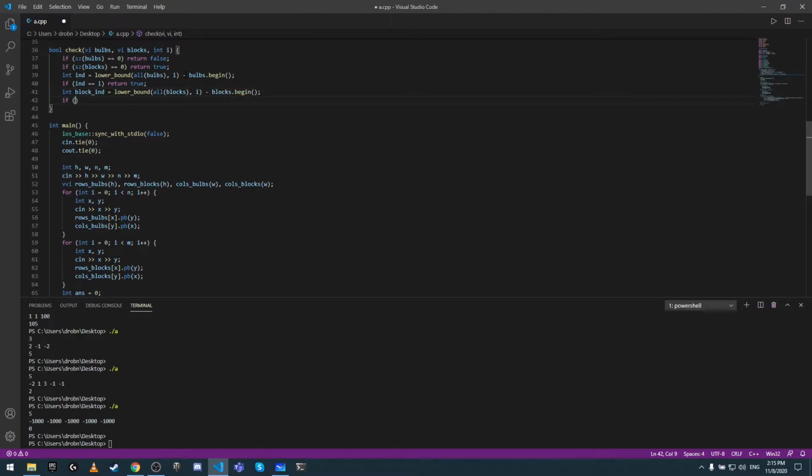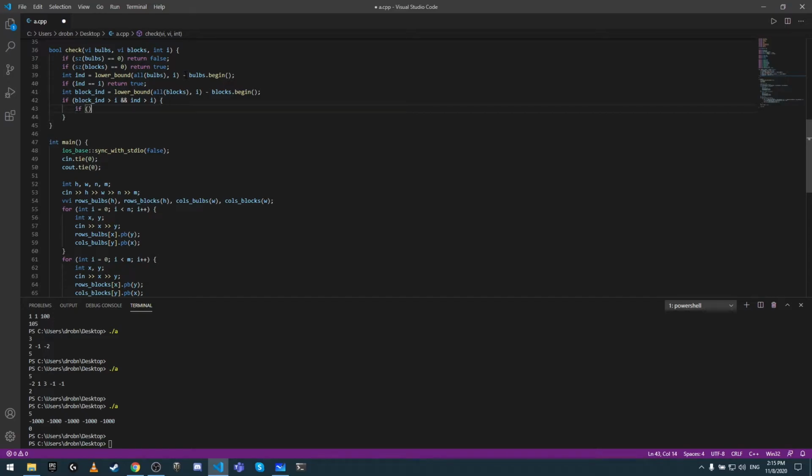And now if block index over I and index over I, then okay, we got the right one.